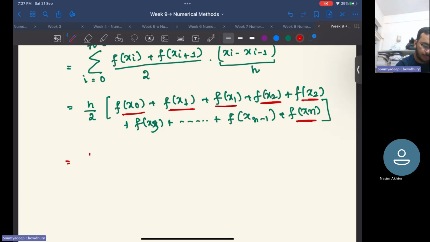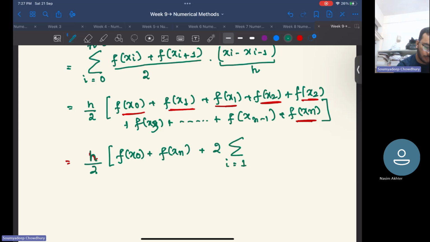Okay. So if we simplify and write, it will be basically h by 2 into f of x0 plus f of xn plus 2 into summation i equal to 1 to n minus 1 of f of xi. Except the first and the last term, all will be double, right?